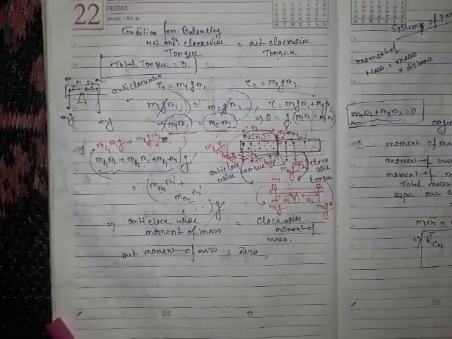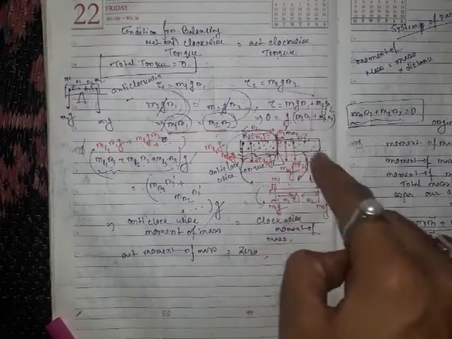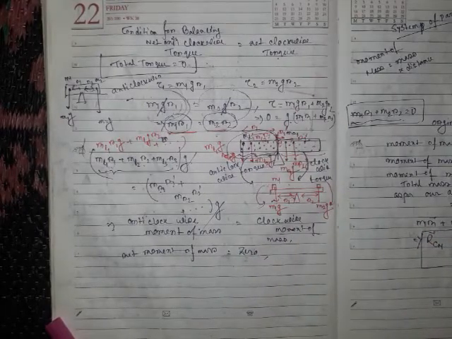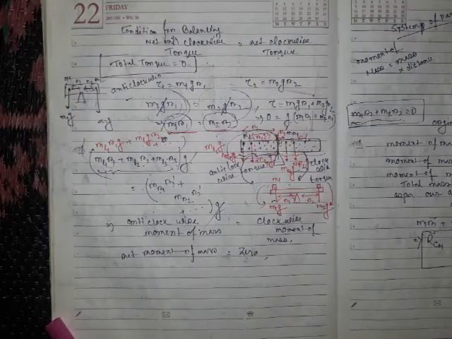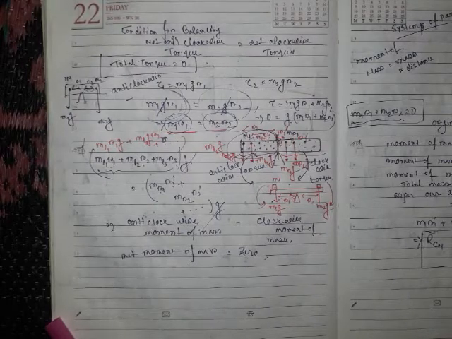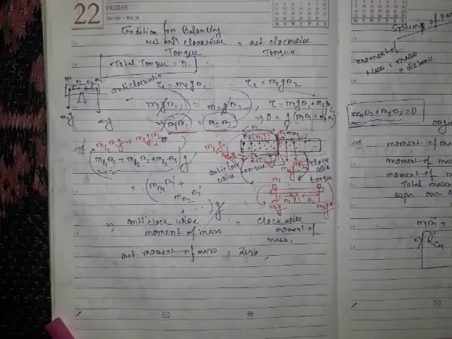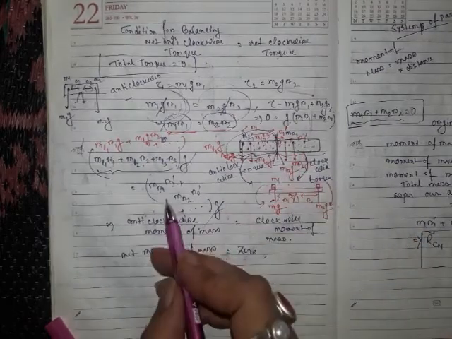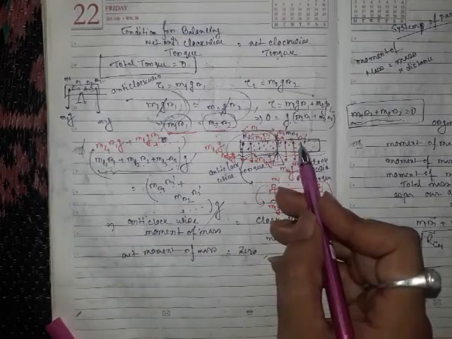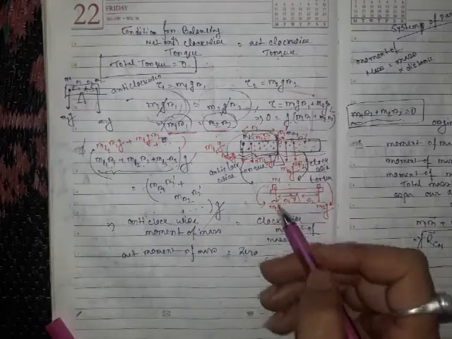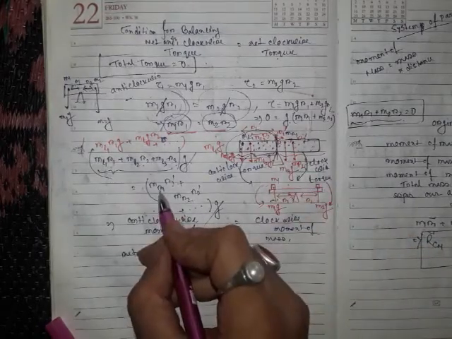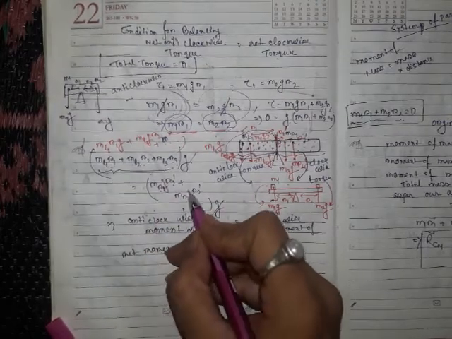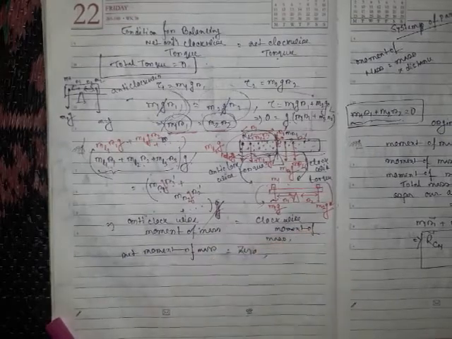I know it is quite messy here, but we don't need the derivation of this definition, we just want to know the definition. So your total clockwise torque will be mr1 g r1 prime, plus mr2 g r2 prime, and so on.